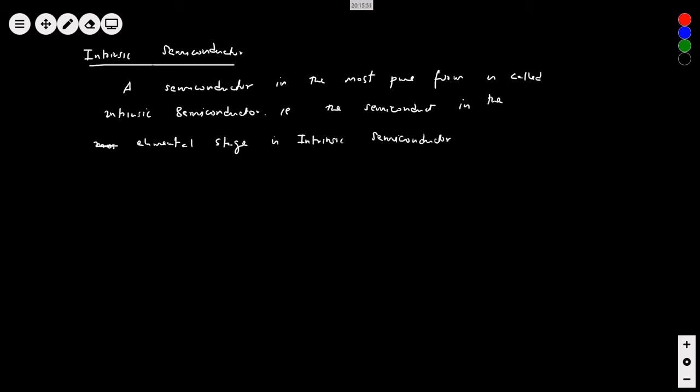Conductivity of this kind of semiconductor is very low. Conductivity of intrinsic semiconductor is very poor.